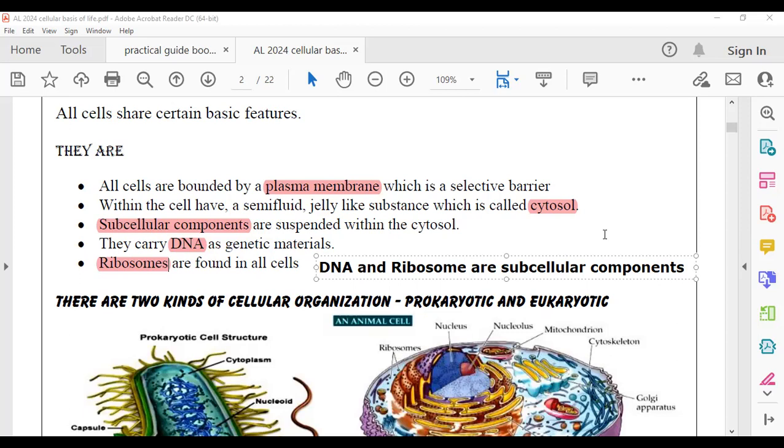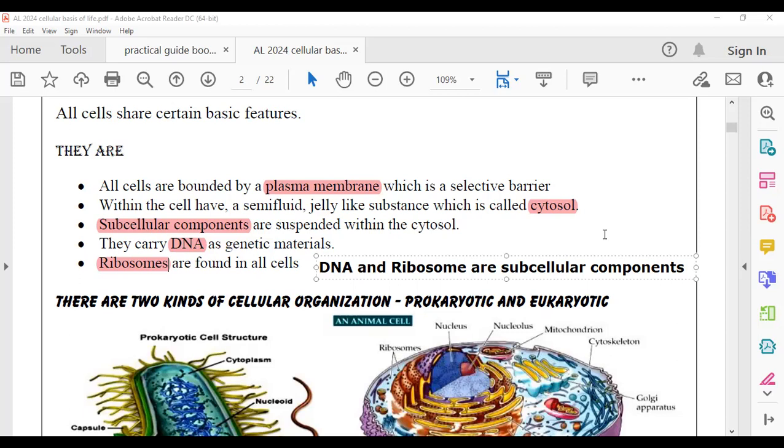Yes, sir. So what is the description given to you regarding plasma membrane? Two descriptions are given. One, it is telling plasma membrane is bounding a cell. So the external limit of a cell is plasma membrane.